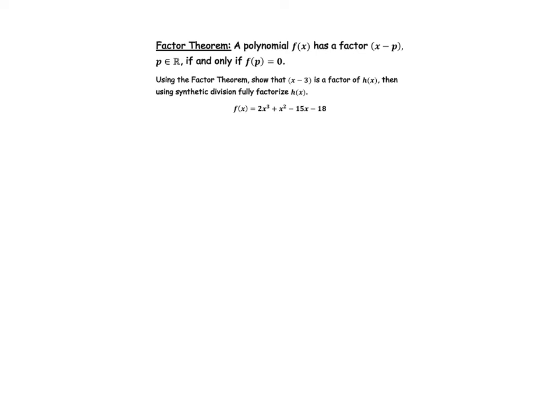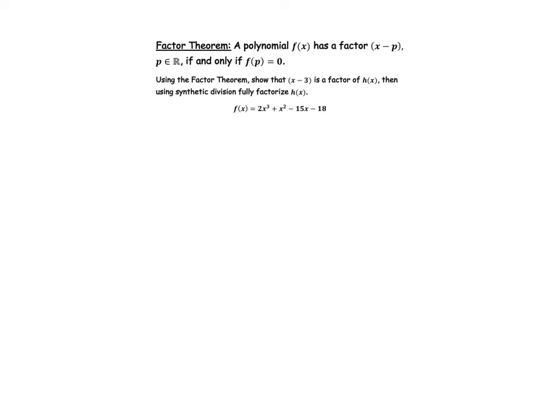All right, the factor theorem. Very similar and related to the remainder theorem. A polynomial f of x has a factor x minus p, where p is in the real numbers, if and only if f of p is equal to 0.